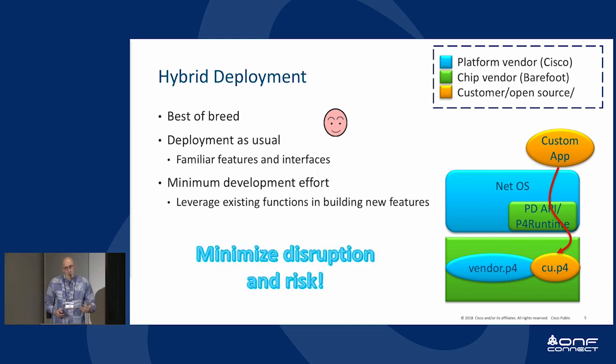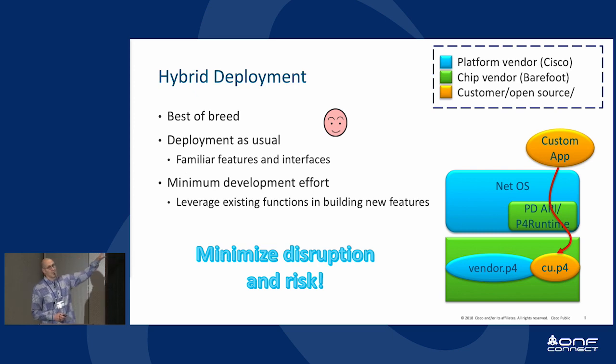This way, customers can take advantage of programmability in the platform, but with minimum disruption with respect to what we were doing before, and also with minimum risk, in the sense that the newly developed code, maybe not so fully tested like the one the switch comes with, is only handling a minimum of functionalities.